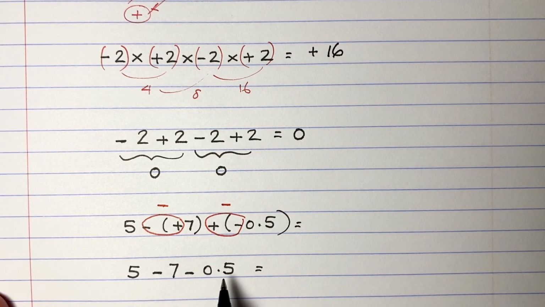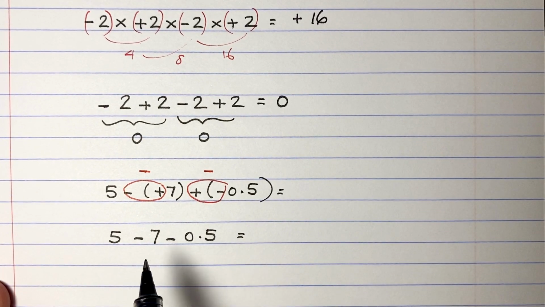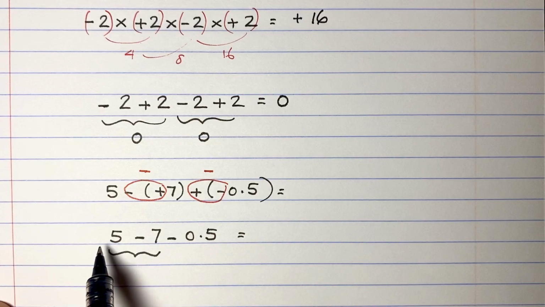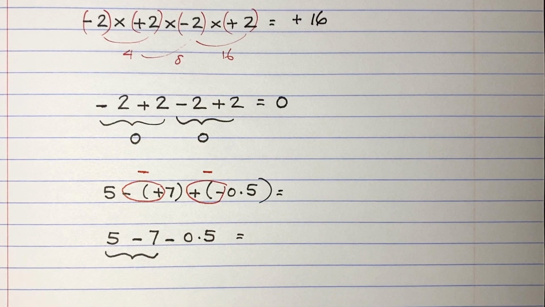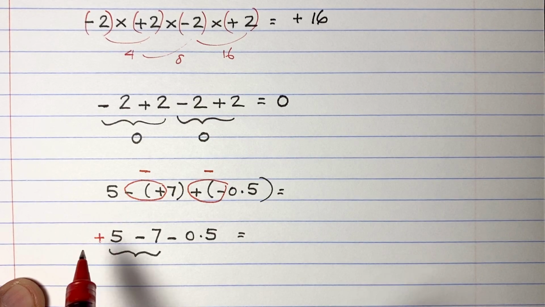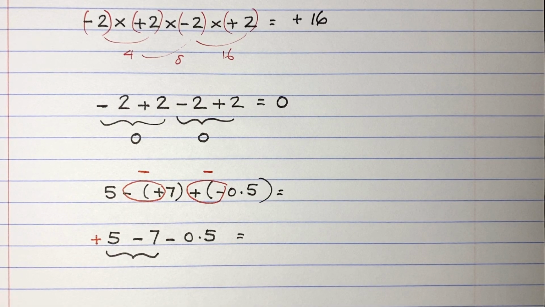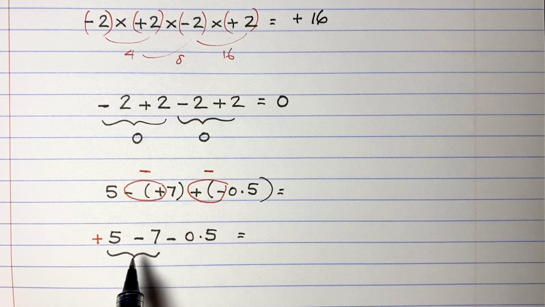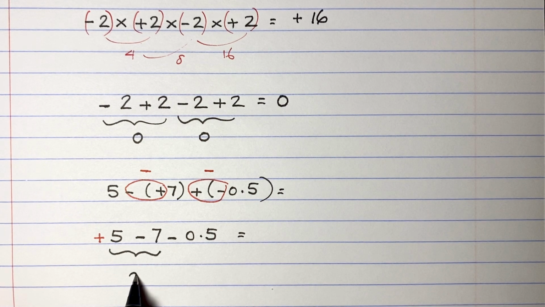So when you got more than two numbers, we need to do in order. I will do the first two. No sign means plus. If you're more comfortable to put the plus, then put a plus if you like. Positive 5, negative 7. Signs are different, you find the difference.